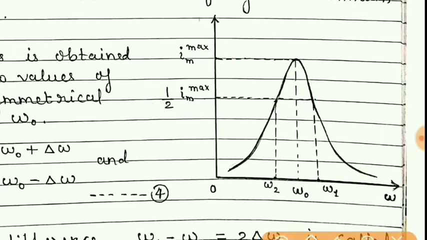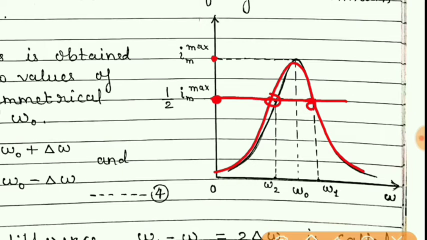Earlier the maximum value had this point, but when we divide it by root 2 to get the half power, we get this point. And you can see when we draw this horizontal line, it cuts the graph at 2 points.